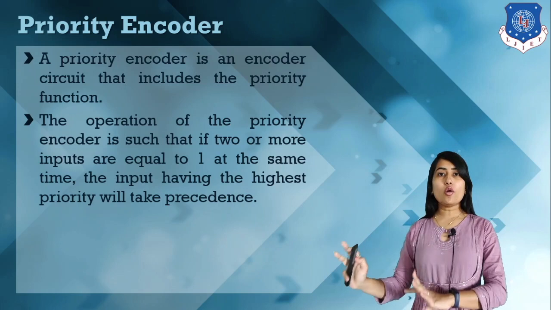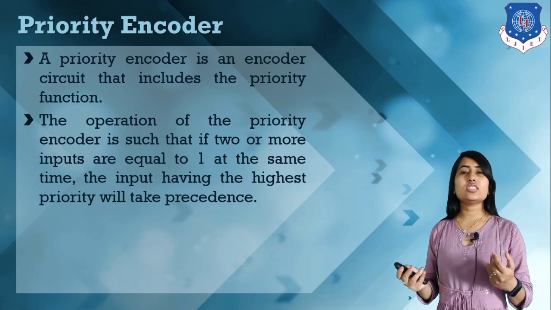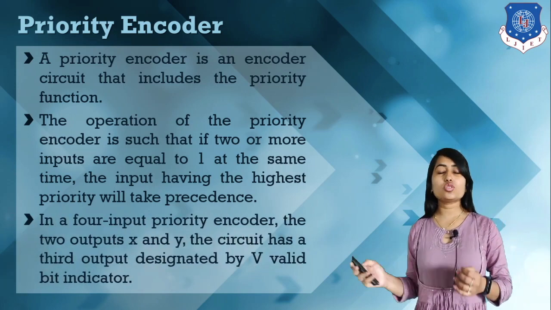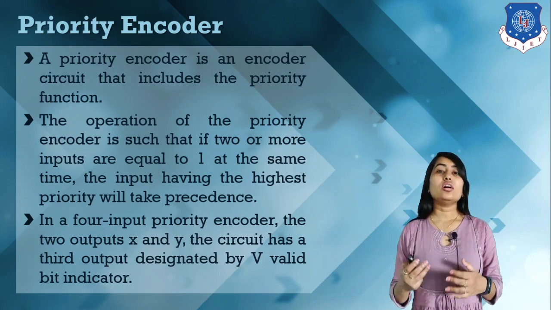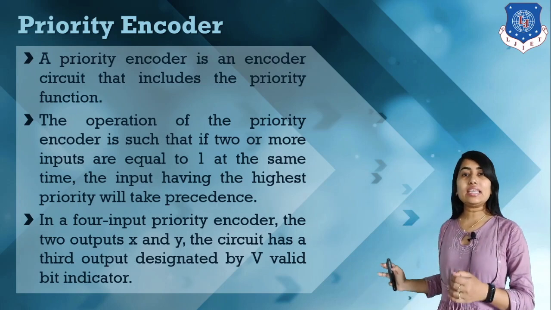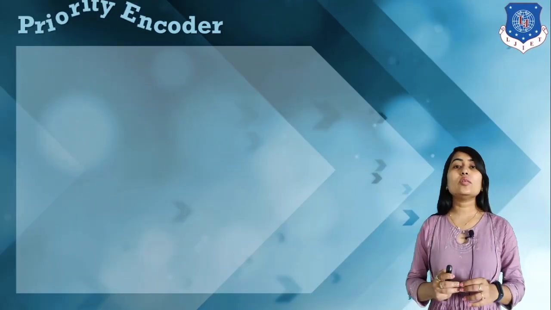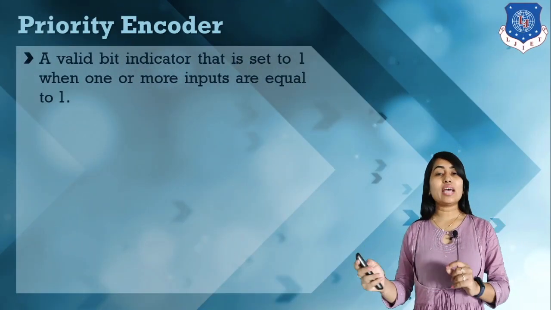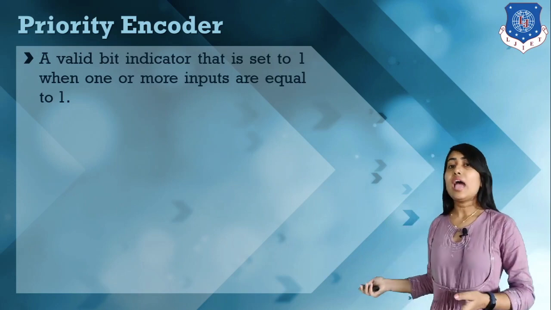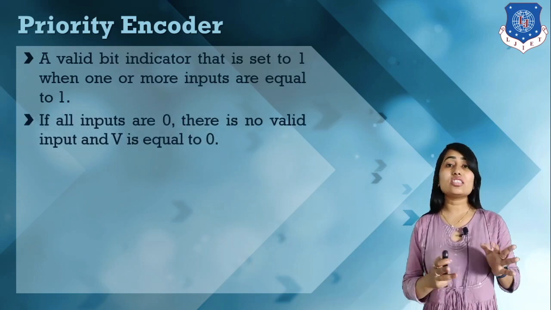So we have an output according to the highest priority input. To handle this priority concept, we have one more kind of output, that is V. Whenever any of the inputs is equal to 1, we have a valid bit indicator V. When this valid bit indicator is equal to 1, that means one or more of the inputs are equal to 1, and when V is equal to 0, that means there are no valid inputs.